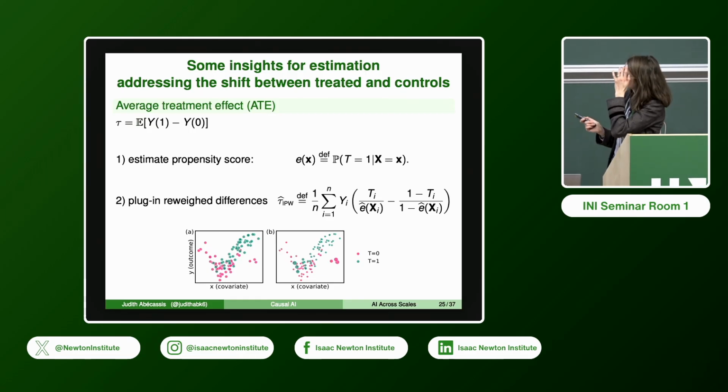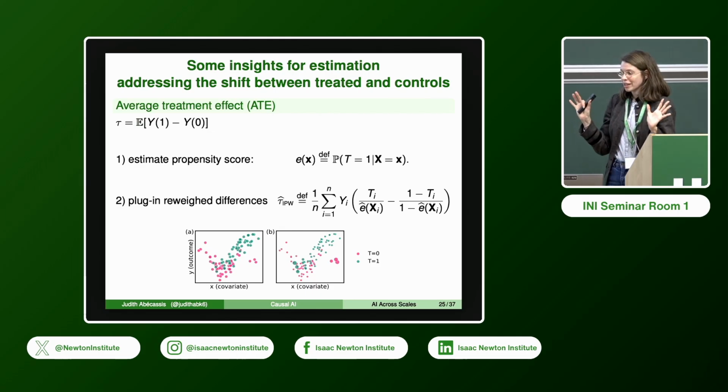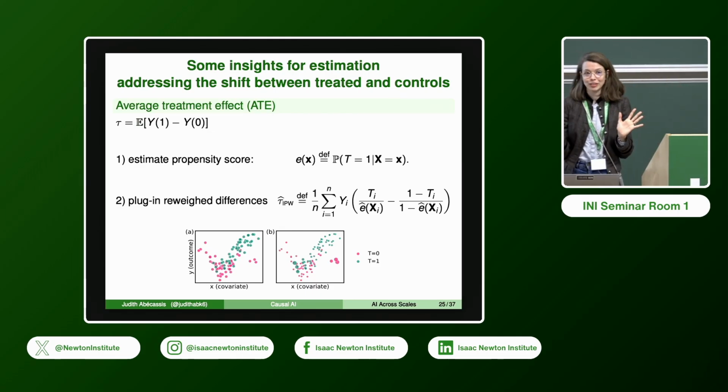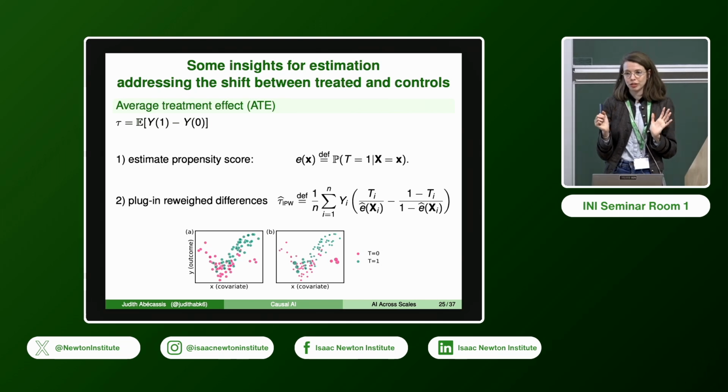So a first way to adjust is to try to... so the main problem that we have in observational data is that we have a shift of covariate distributions between the treated group and the control group. So if you compare people that go to hospital or not, of course the ones that go to hospital are not comparable to the ones that don't go.